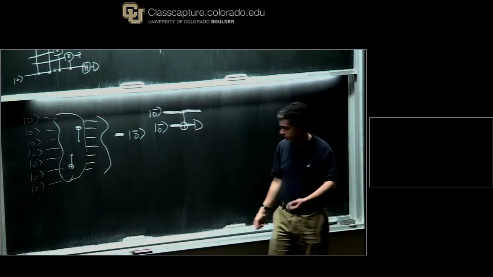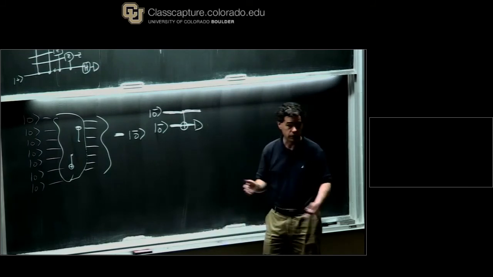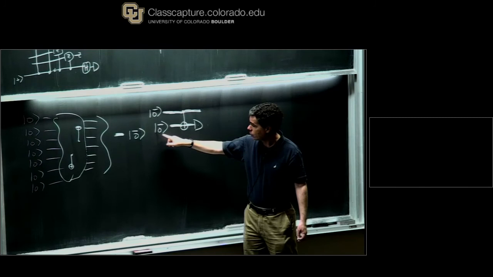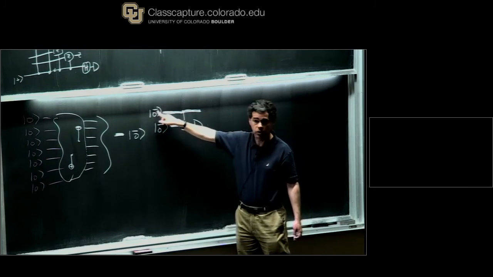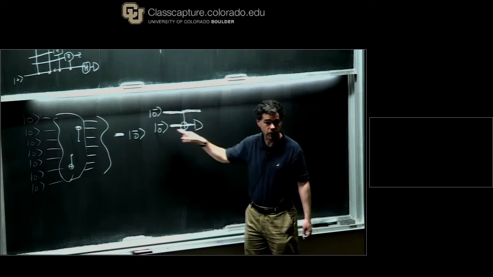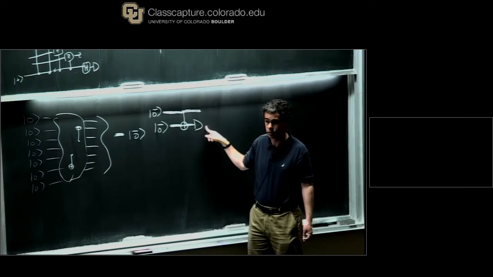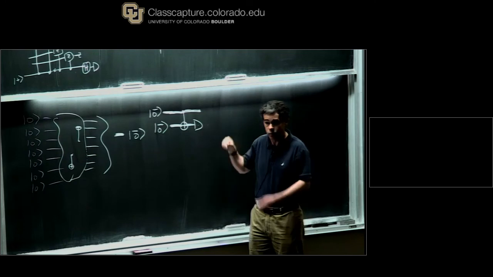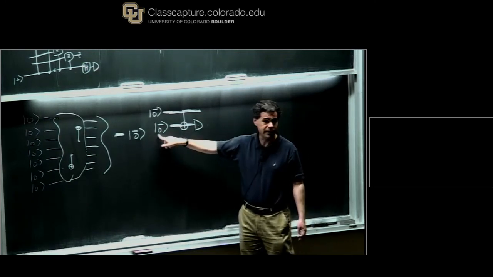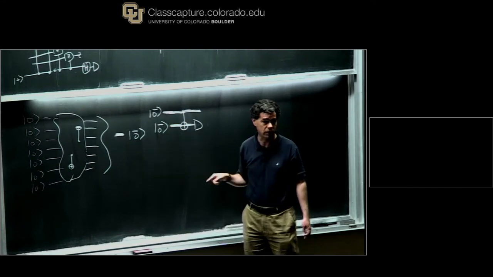Now, of course, there's all sorts of things that could go wrong here. So suppose we have up here a logical 1, but this is still logical 0. Then we have here a logical 1 when we do this measurement, and that will detect it and we'll say, oh, that's wrong, let's throw it out. Now it could also be that down here we have a logical 1, and up here we have a logical 0.